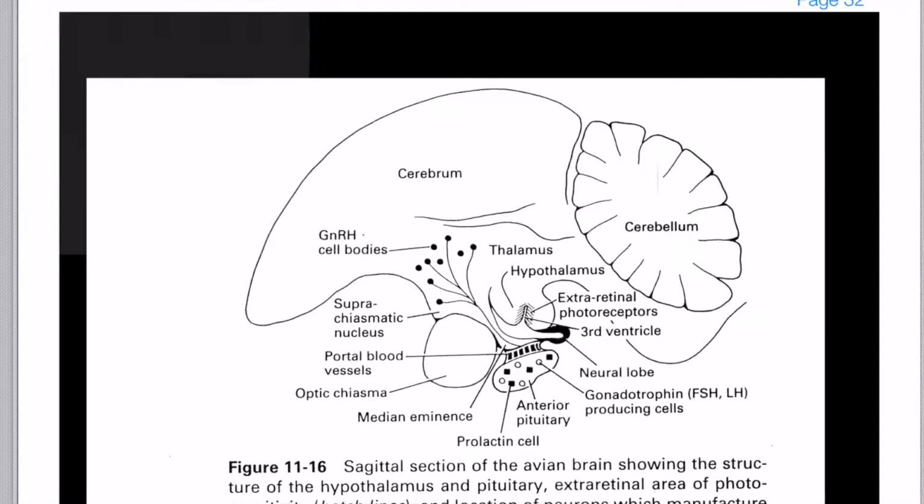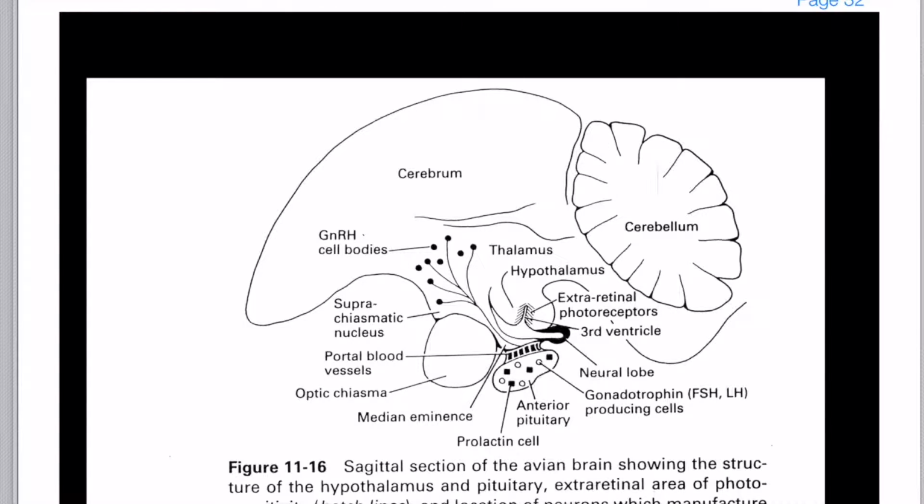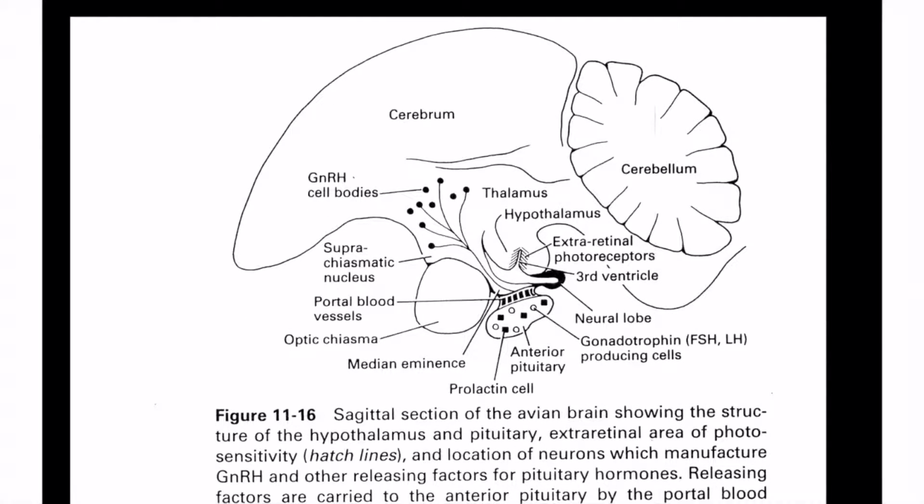Now, the fact that these are the light receptors is actually pretty well supported. Variety of levels of or types of evidence. This being a diagram here, a cross section of the brain, the cerebrum, the cerebellum, and then here in the middle of the brain is that hypothalamus.